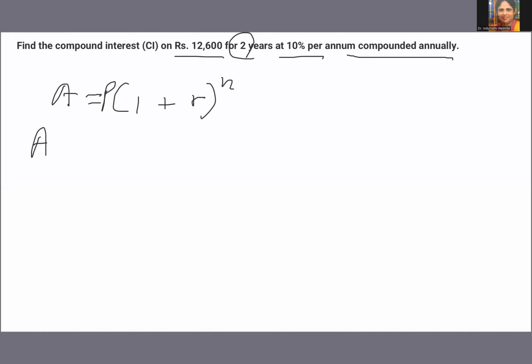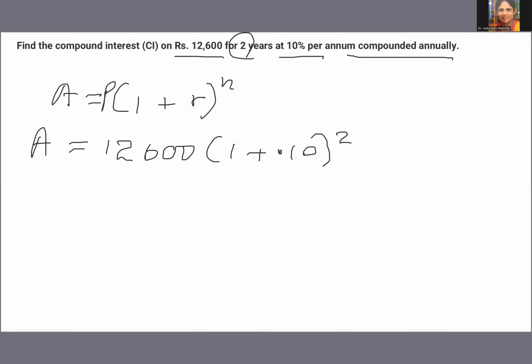We need to find out A. Then P is 12,600 and 1 plus 10% means 0.10, and only 2 years, so squared, or power to 2.